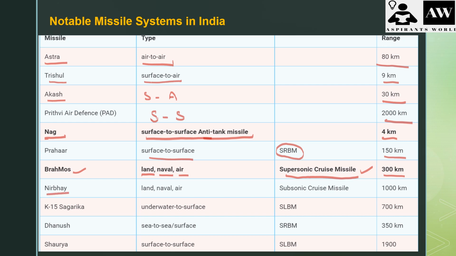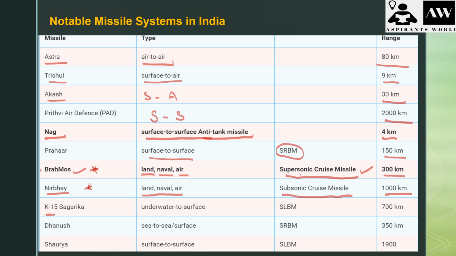The Nirbhay also has the same capacity of targeting land, naval and air targets, and it is a subsonic cruise missile. BrahMos is a supersonic cruise missile, and Nirbhay is a subsonic cruise missile, and its range is 1000 kilometers. These two are very important, and these were asked in previous examinations also. The Nirbhay is the subsonic cruise missile, and the BrahMos is the supersonic cruise missile.